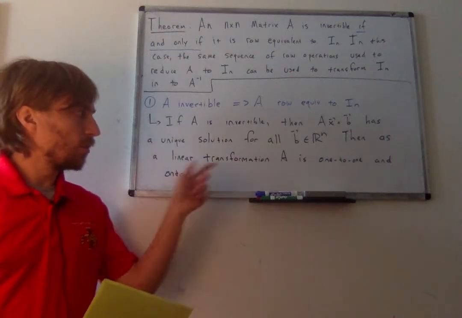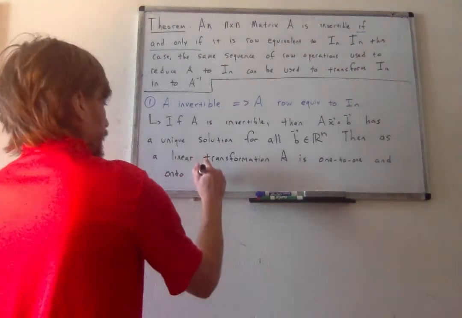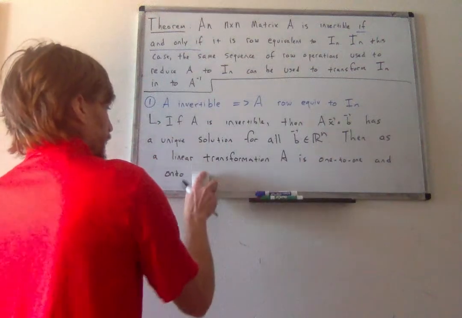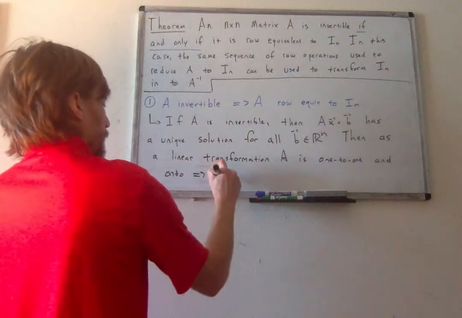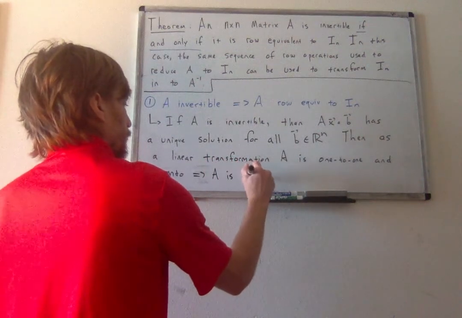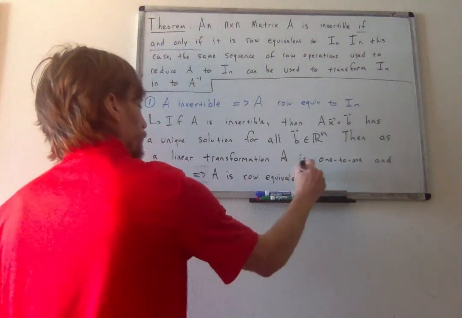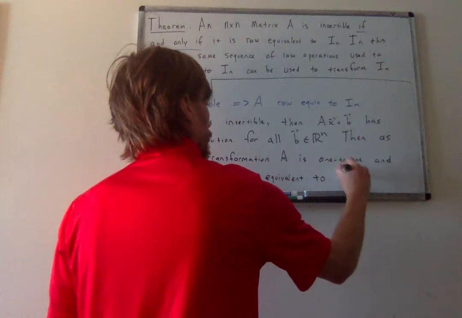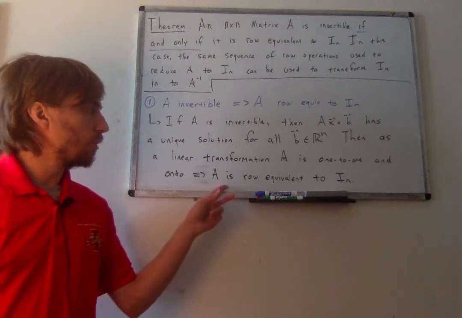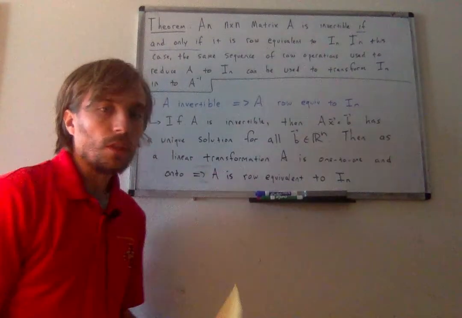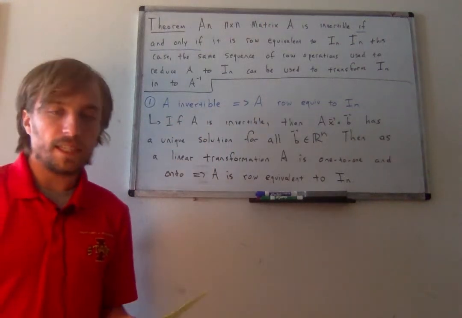Those two things together mean that A is row equivalent to the identity matrix. So if we can show that the linear transformation is 1-to-1 and onto, we know that this must be true. Like I said, this was the easier direction: if A is invertible, then A has to be row equivalent to the identity matrix.